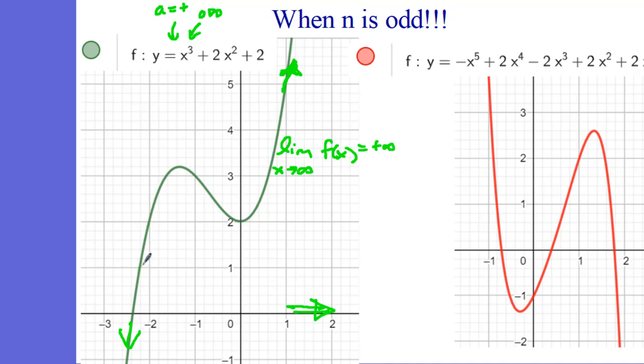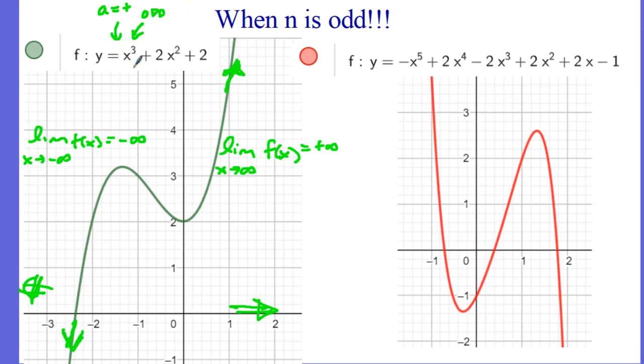Now take a look at the left-hand behavior. How do we talk about this? The limit as x approaches negative infinity. What this means is as x goes this way towards negative infinity, as x is getting less and less and less, what's happening to my function is it's going down, which means my y value is going closer to negative infinity. And this is true for all odd functions where the a is positive.